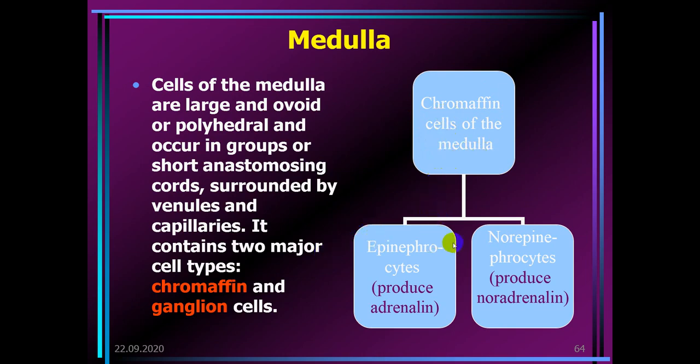You have to know at least two types: epinephrocytes and norepinephrocytes. Epinephrocytes produce adrenaline, norepinephrocytes noradrenaline. So the medulla of the adrenal gland produces the mediators of the neural system. And this zone of this organ provides the stress reactions.